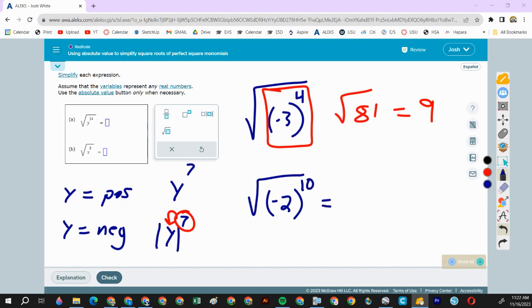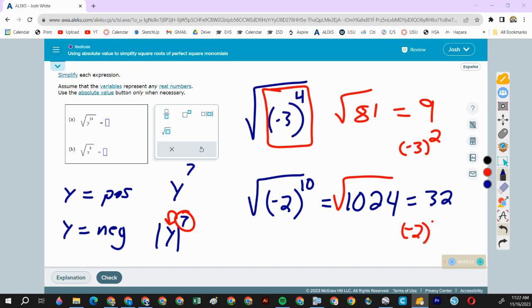Well, negative 2 to the 10th is 1024. And then when I square root that, I get 32. Okay? Now, 9 is negative 3 squared. But is 32 negative 2 to the 5th? No, it's 2 to the 5th. Do you see that?